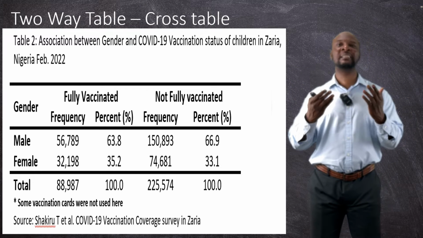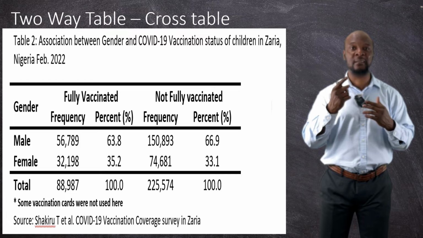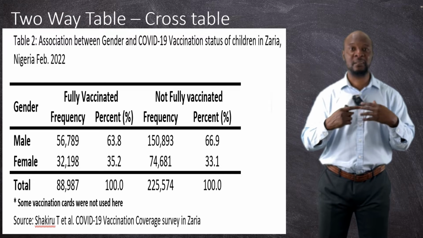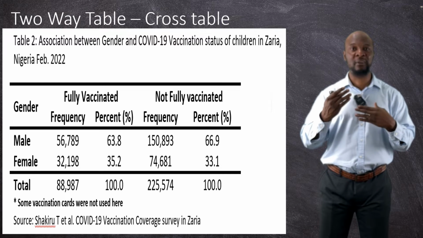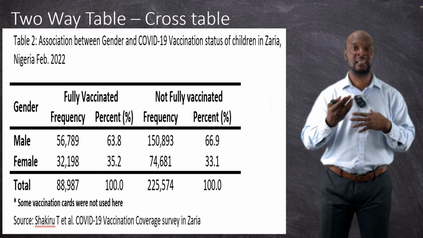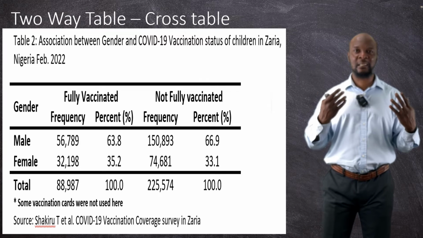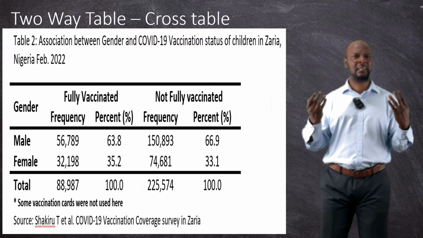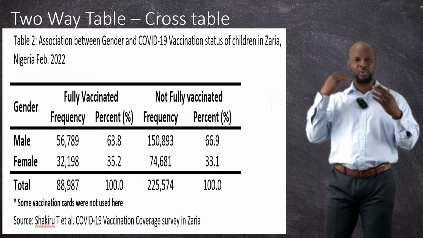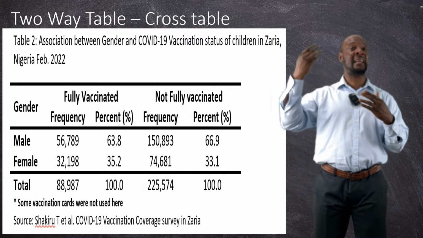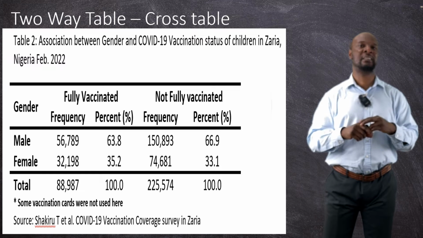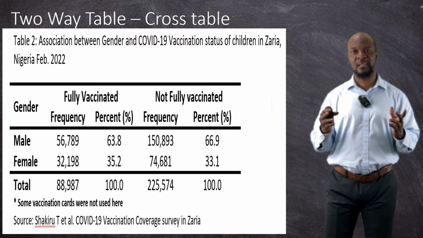But if we put it in a table, we can now say, oh, the males that are vaccinated are actually more than the females. Why are more males being fully vaccinated and fewer females? Is it that the males usually attend the clinic more, or what? So you can now start to think about what kind of analysis you will do. And this is the advantage of putting data in tabular form.